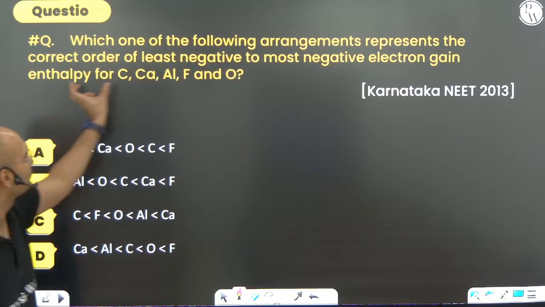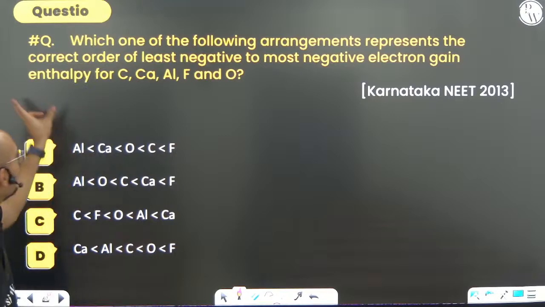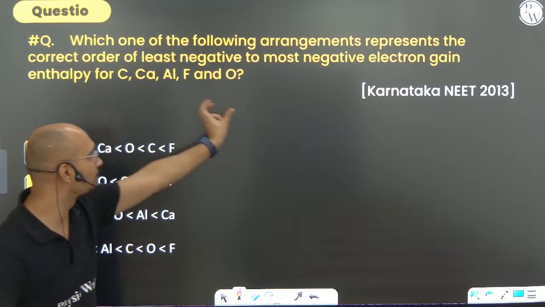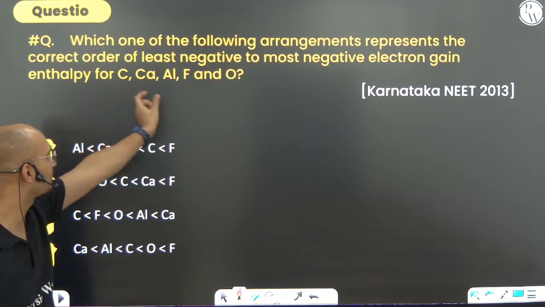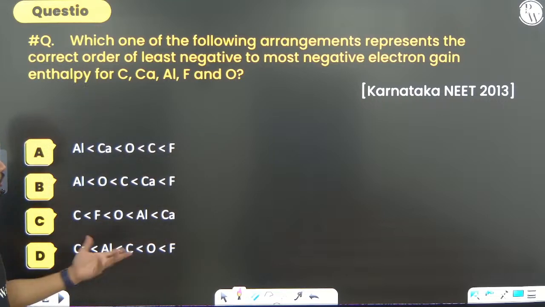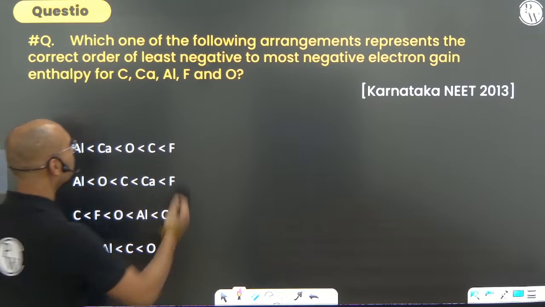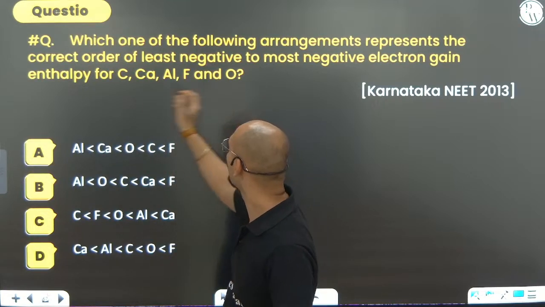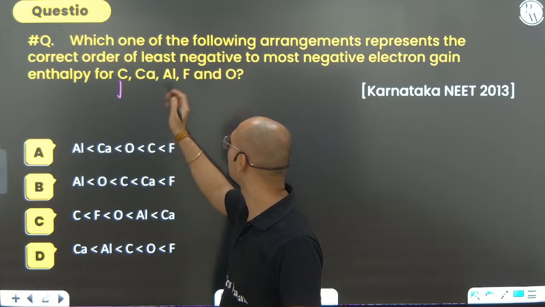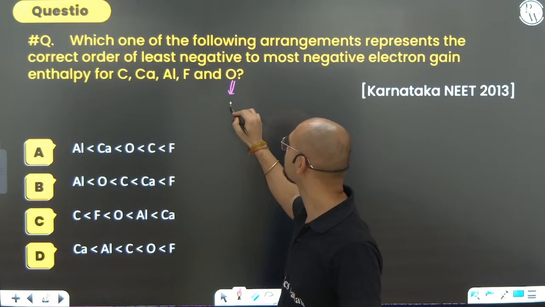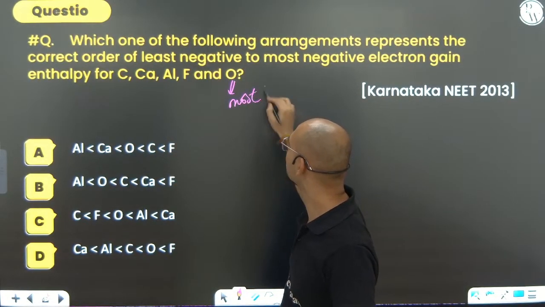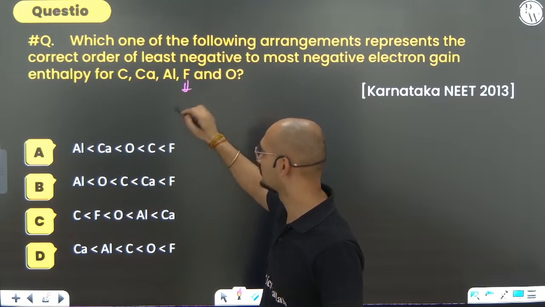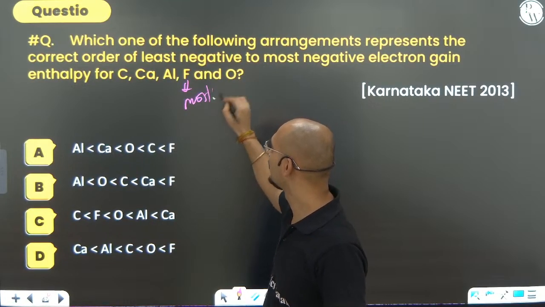Next, which of the following arrangements represents the correct order from the least negative to the most negative electron gain enthalpy for carbon, calcium, aluminum, and so on. Who is the most negative? I hope you can see that oxygen and fluorine are also there, most negative for fluorine.